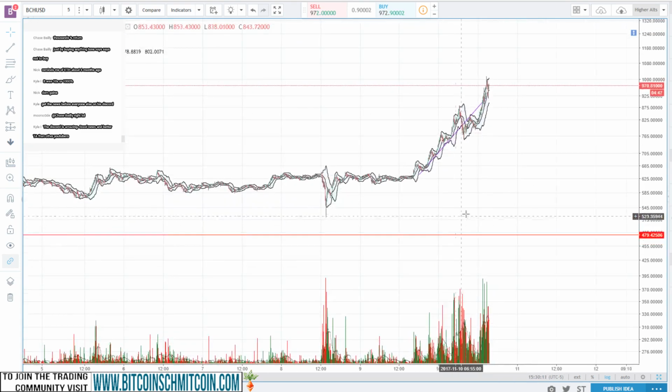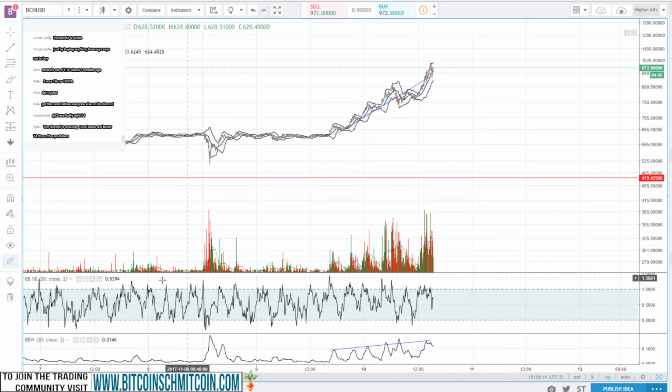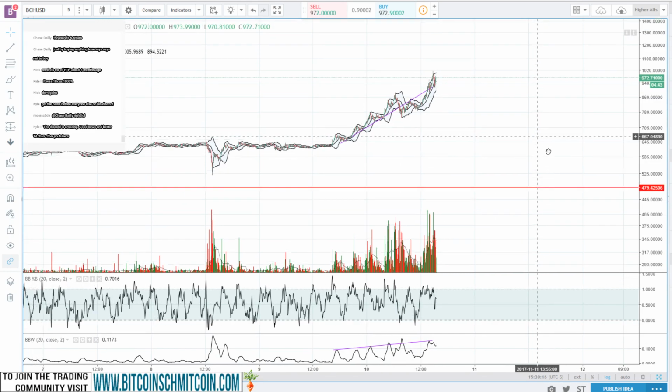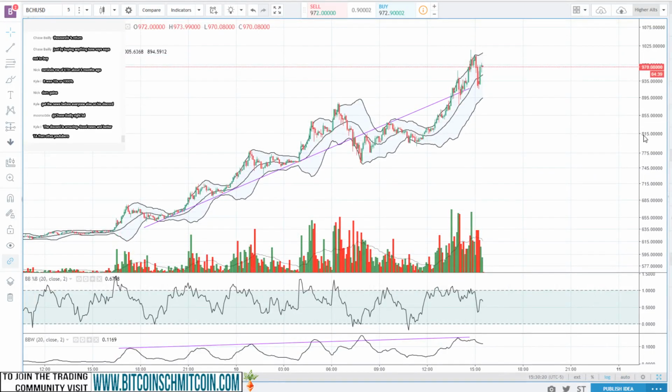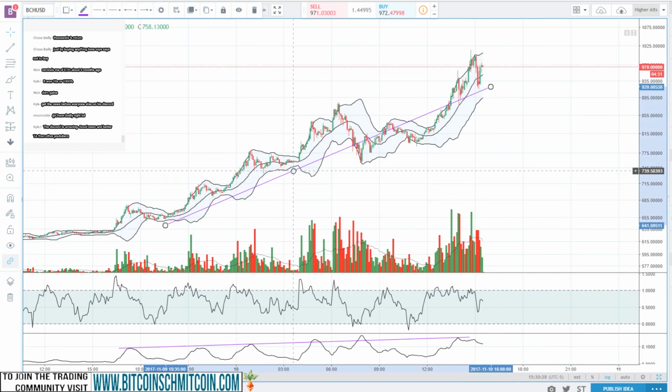And if you're on TradingView, you want your %B and your Bollinger Band width. Okay. And I'm going to show you how I've been trading this the whole way up, and really milking the most out of these profits on this run.